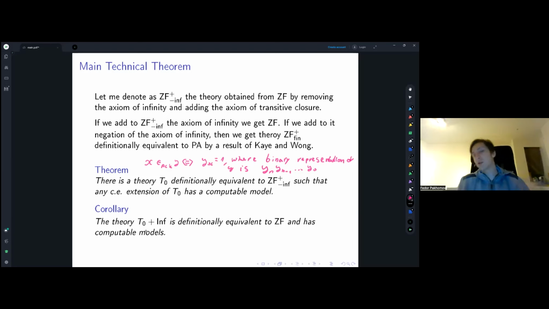And this basically allows us to import hereditarily finite sets by natural numbers. This way we're showing that ZF plus phi is a definitional extension of a subtheory of Peano arithmetic.